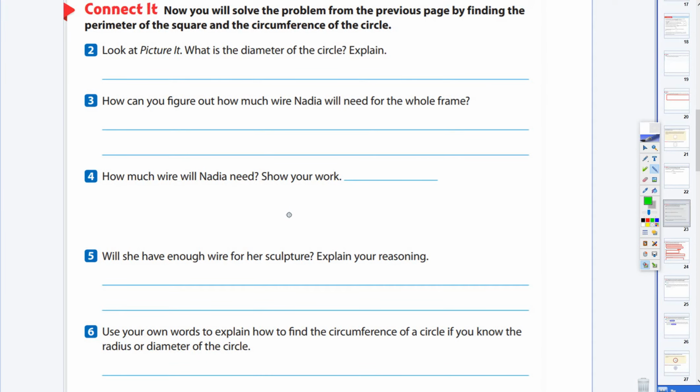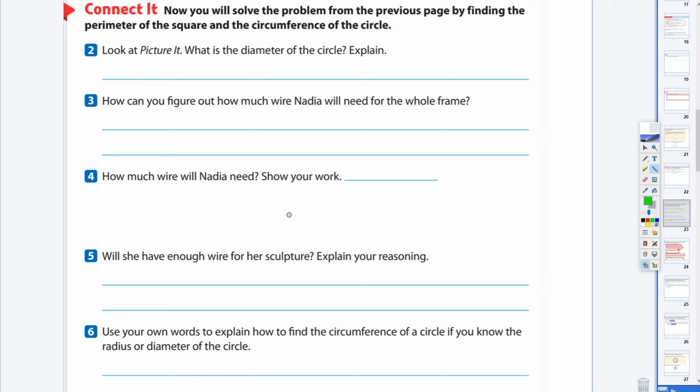I want you to see if you can solve number 3, 4, 5, and 6. How can you figure out how much wire Nadia will need for the whole frame? I want you to think about that. How much wire will Nadia need? Please show your work for that one. Will she have enough wire for her sculpture?